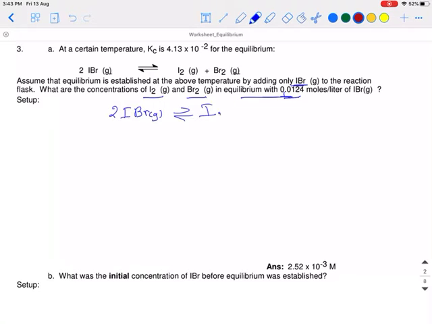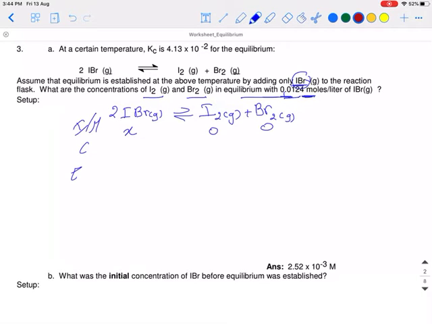So in equilibrium with I2 gas plus Br2 gas, I will construct the ICE table, and this is in molarity. He didn't give me any initial concentration, because the value given to me for IBr is the equilibrium one. So I'm going to assume it X, nothing added at the beginning, since he said assume the equilibrium is established at the above temperature by adding only IBr.